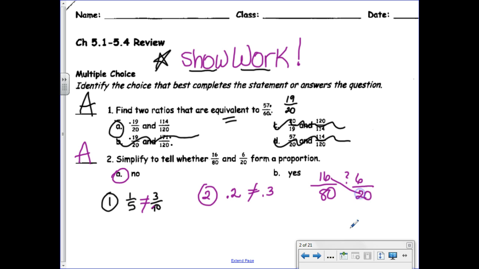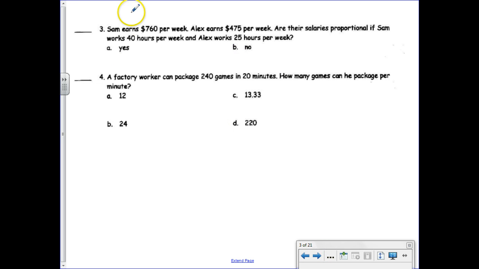And when you do that, 16 times 20 is 320. 80 times 6 is 480. There's no way those are equal. So regardless of which way you do it, 1, 2, or 3, the answer is no. Show me your work. This multiple choice question will be worth 2 points because of that.